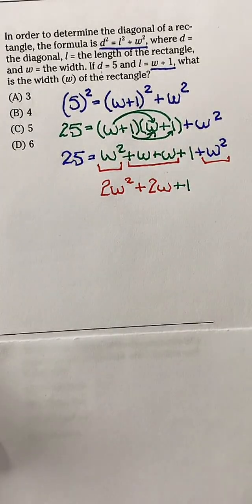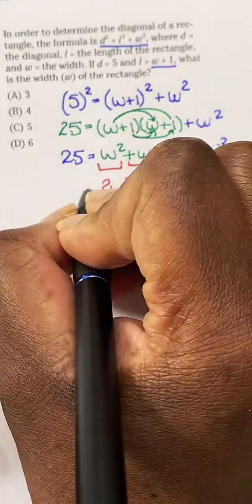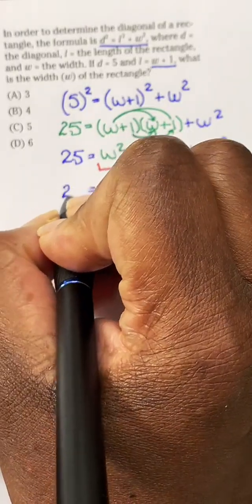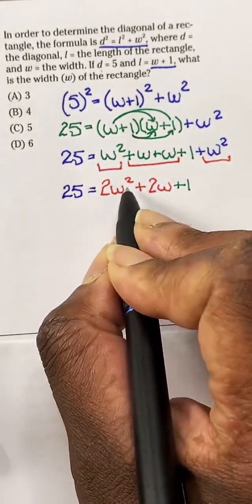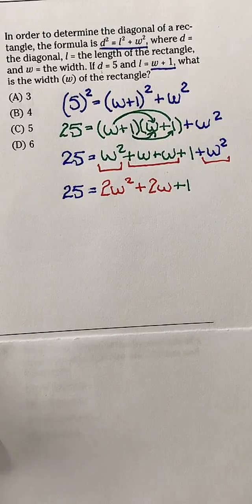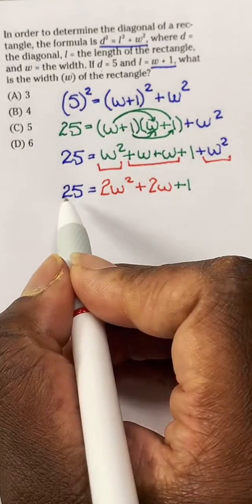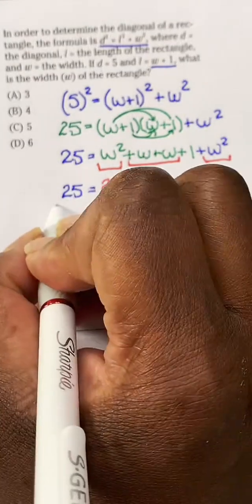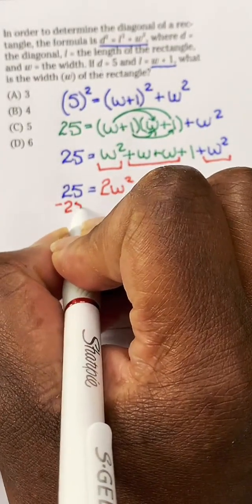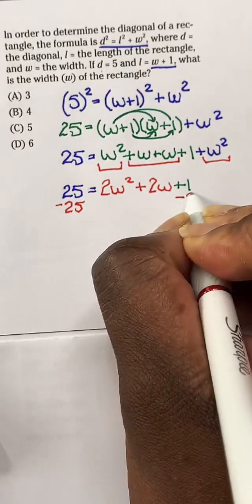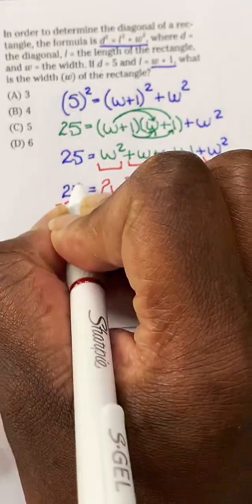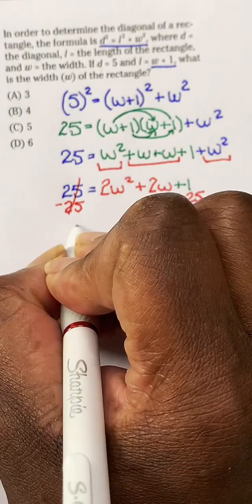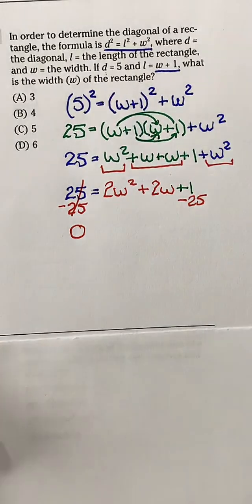But we all know anytime we have something that is raised to the second power, that means I need to make this equation equal to 0. So I'm going to subtract this 25. And it's going to make life a little bit easier. You're going to see in a moment.